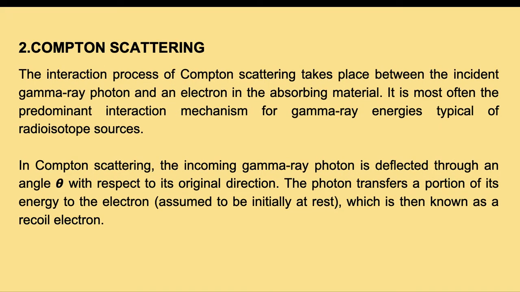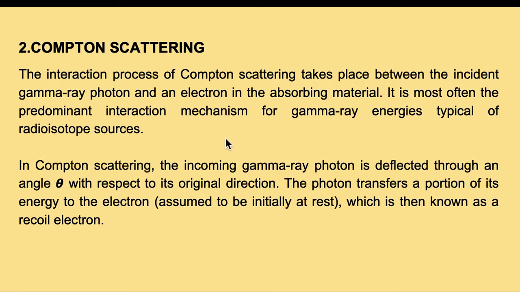And we have the next interaction phenomenon known as Compton scattering. The interaction process of Compton scattering takes place between the incident gamma ray photon and an electron in the absorbing material. It is most often the predominant interaction mechanism for gamma ray energies typical of radioisotope sources.